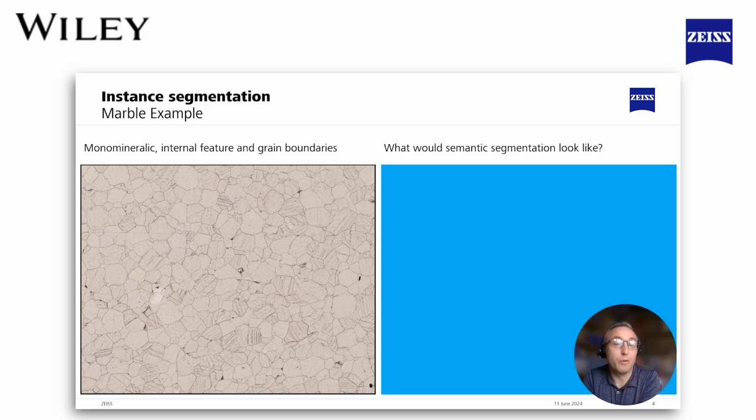In this case, for a monomineralic sample, it's 100% calcite. So it's done a correct analysis, but it's not very useful information to us as geoscientists. We want to know the sizes and shapes of those grains, what the grain boundaries look like, how they interact with each other, how many neighbors they've got, all sorts of statistical analysis.